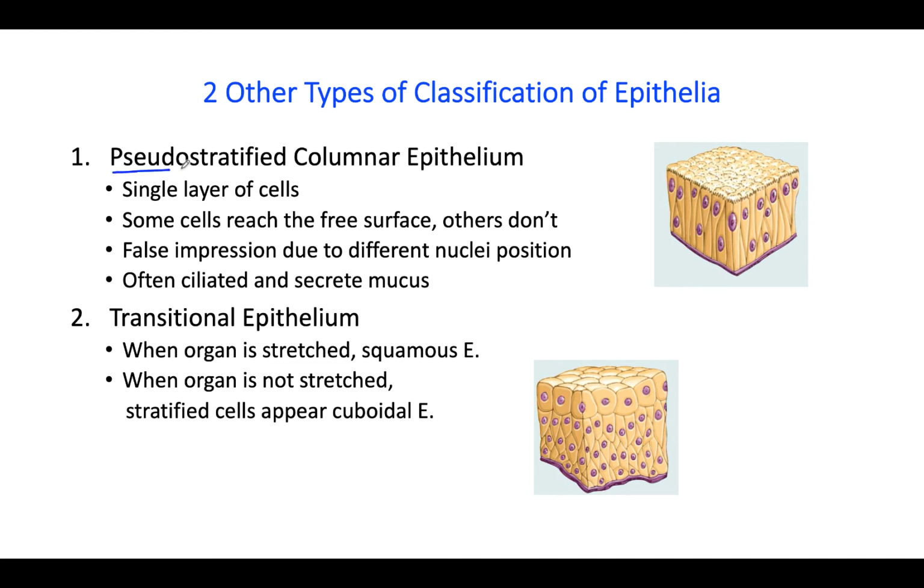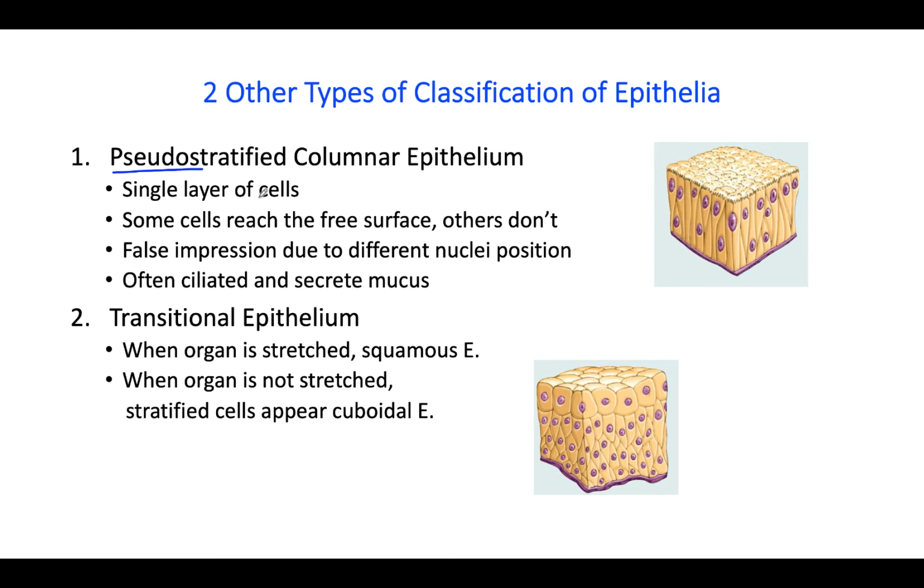Pseudo means fake, not true. In other words, it looks like several layers, like more than one layer, but actually that is not true. That means a single layer. And this pseudostratified epithelium occurs as columnar epithelium.